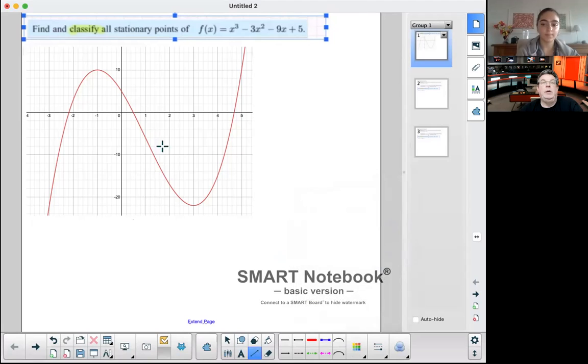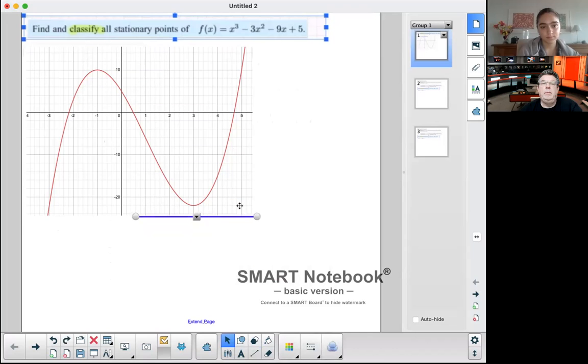So that means we have a horizontal tangent line to the curve, right? So from this curve, we can see it's here, and that's going to be at x equals -1. And then down here, right?